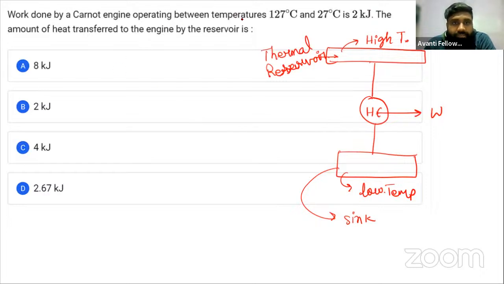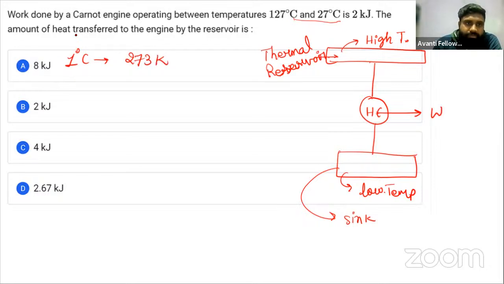Now this Carnot engine is operating between 127 degrees Celsius and 27 degrees Celsius. The important thing is that you need to convert this degree Celsius into Kelvin. So we know that 0 degree Celsius equals 273 Kelvin.